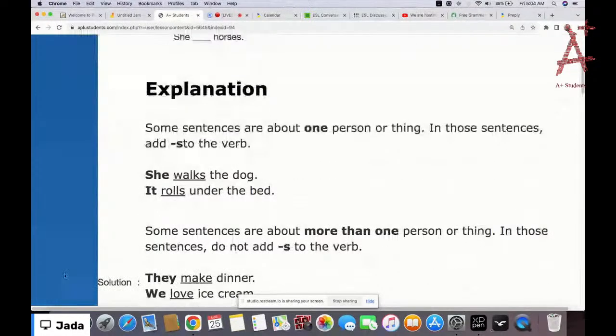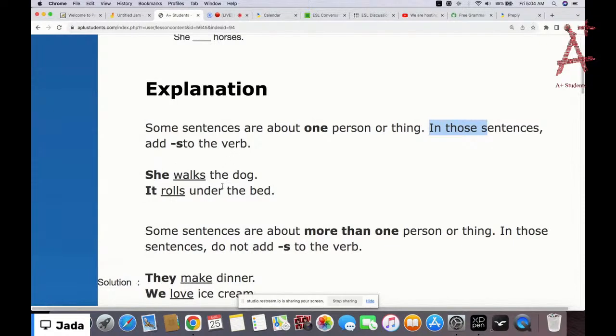Okay, so note that some sentences are all about one person or thing. In those sentences, add s to the verb.